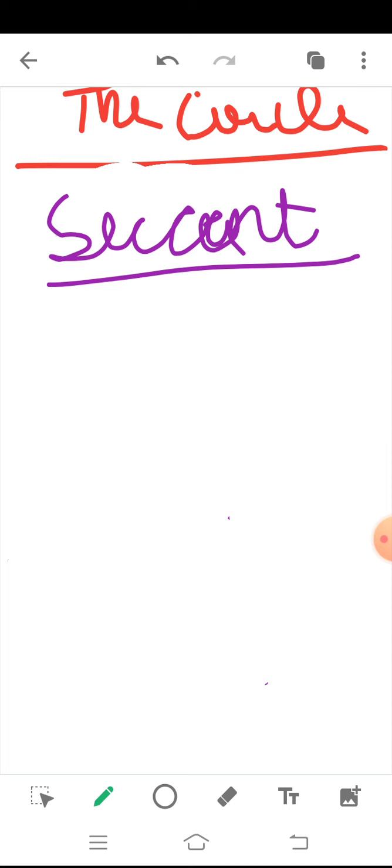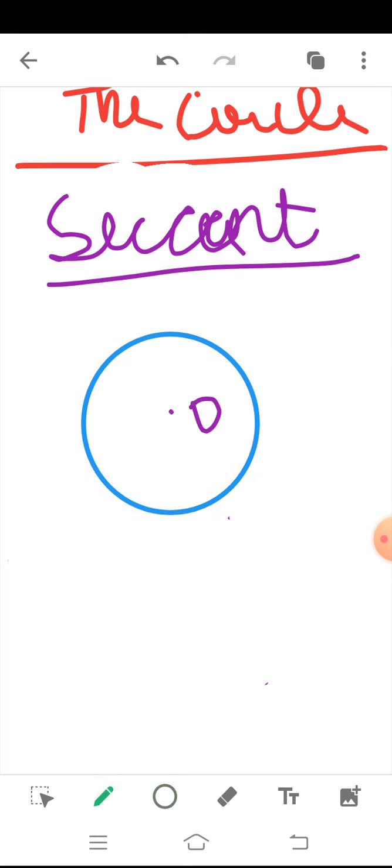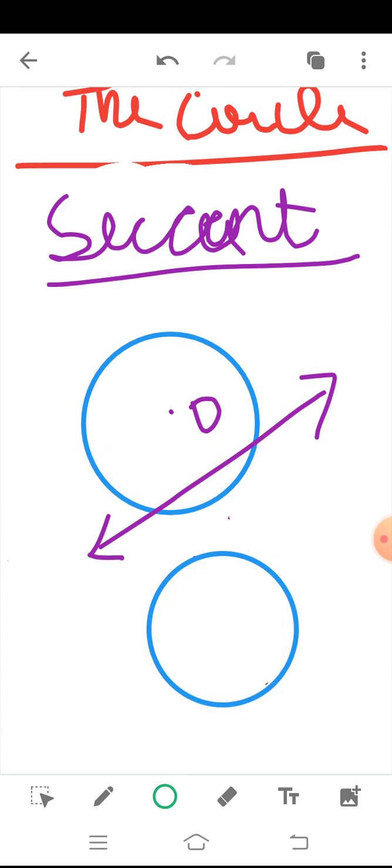This is A. So what is a secant? I am drawing a circle again and marking the point O, and this is known as a circle. Where I drew the arrow on the chord, that was a mistake. So what is the difference between a secant and a chord?